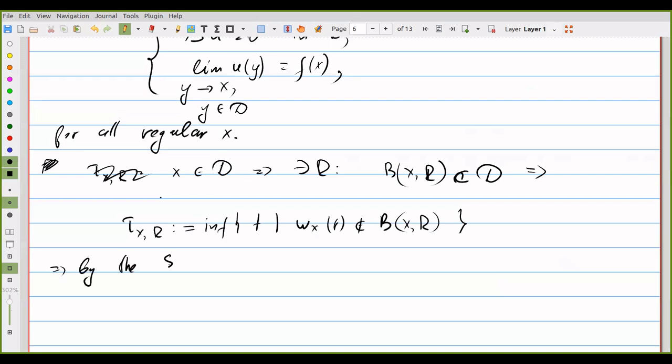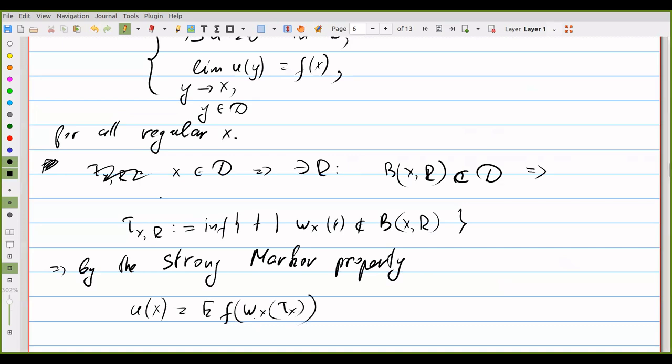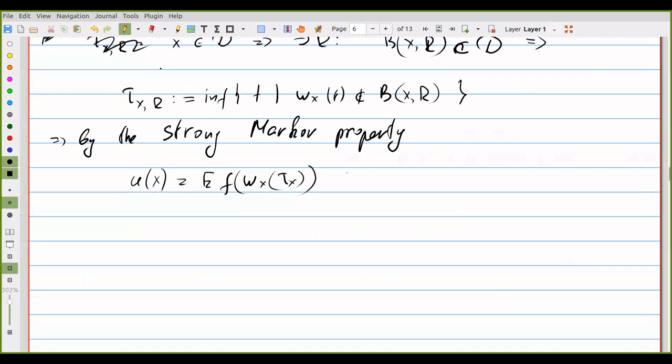By the strong Markov property, this is going to be equal to the expectation of the conditional expectation of this expression with respect to the sigma algebra generated by tau_{x,R}.